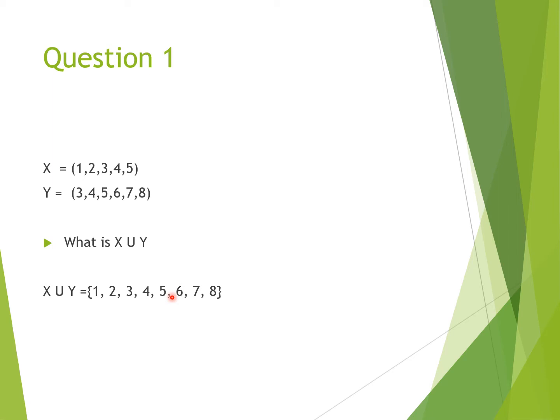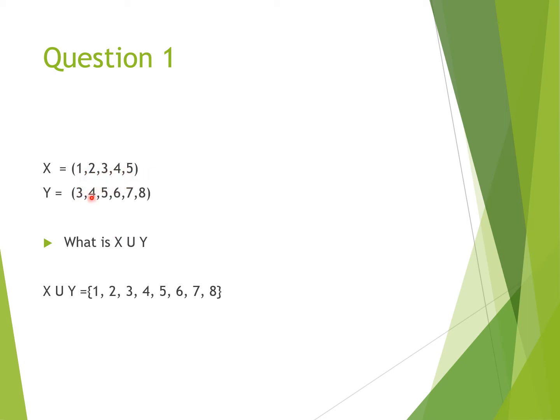The numbers are only written once. So let us continue. 6 is in set Y, 7 is in set Y, 8 is in set Y. So that's what makes up the union from 1 to 8, because as you see, they are counting numbers straight, 1 to 8.